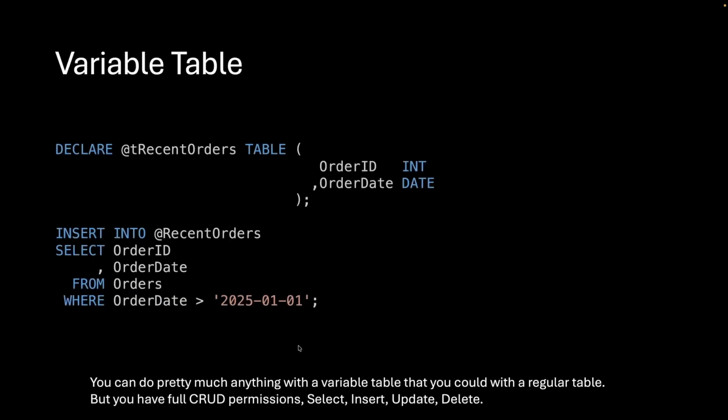So here's how you declare a variable table, right? We've got our DECLARE @T, and then our variable name, and then data type of TABLE instead of integer or something, okay, right? But then after that, in parentheses, we're going to give our columns just like we would in declaring columns in a regular table with the data types, okay? And then after that, we can work with it just like we would a table. We can insert into it from another SQL statement.